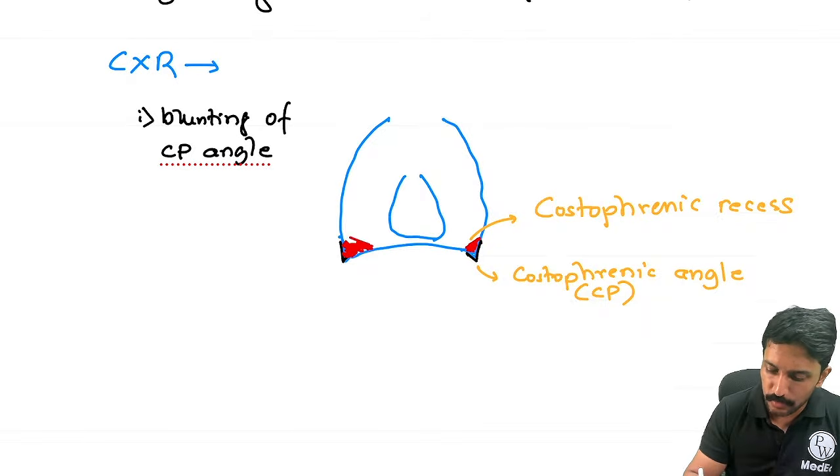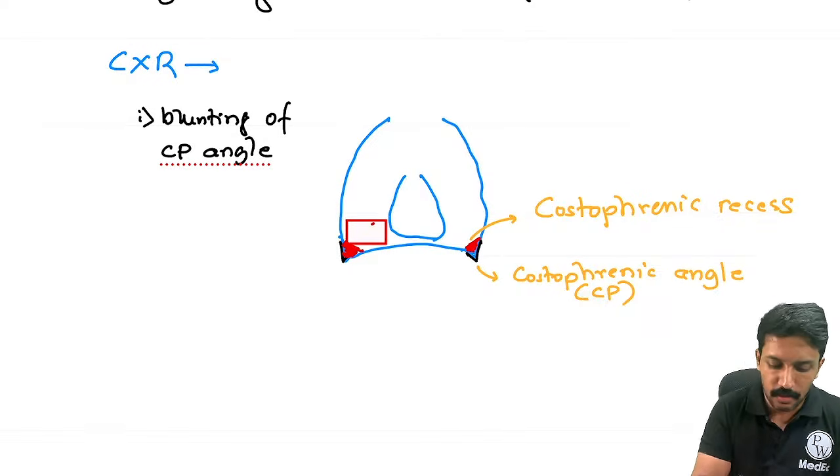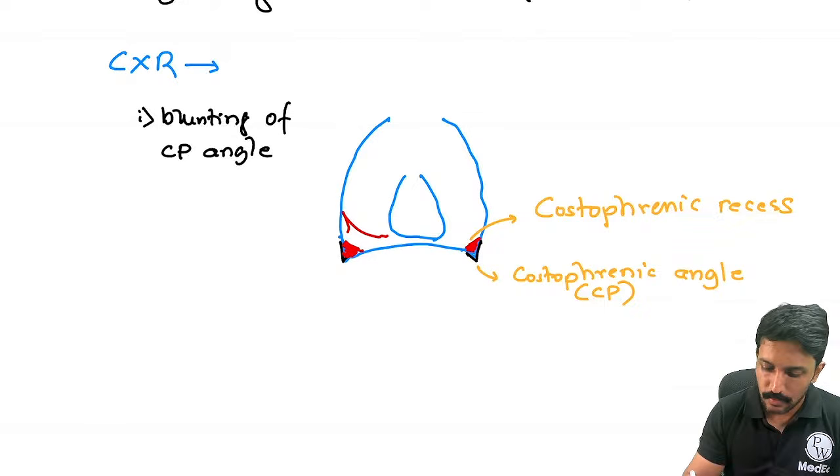Okay, now as more fluid accumulates, fluid appears to have a higher level towards the axilla and a relatively lower level towards the lung. Whether it is an optical illusion or because of capillary action, irrespective of that, it looks like this: it will always have a higher level towards the axilla and a lower level anteriorly and posteriorly.